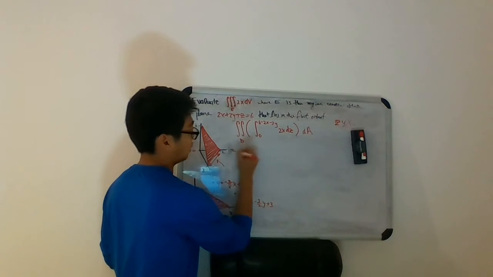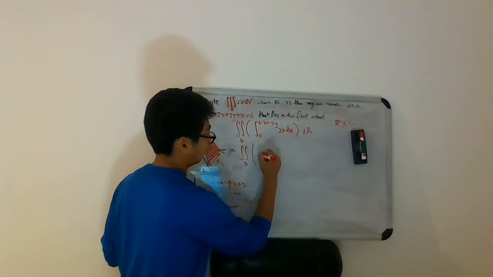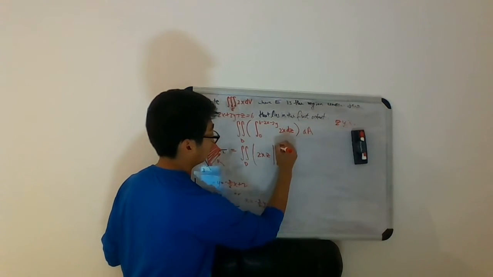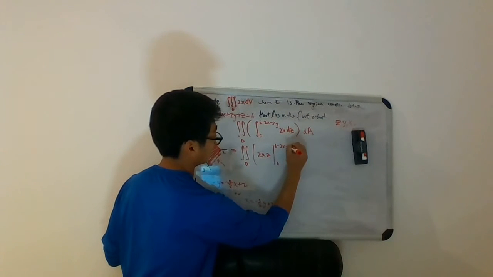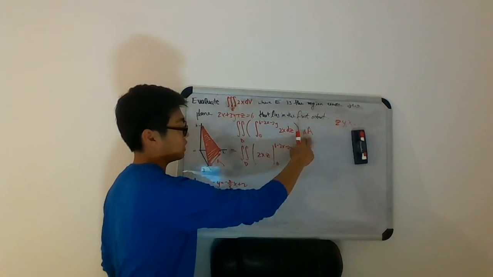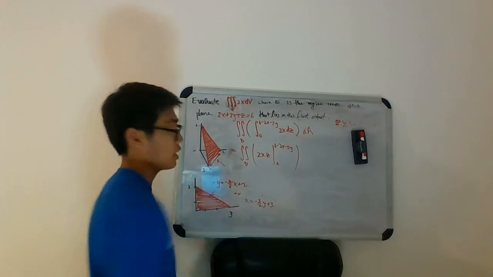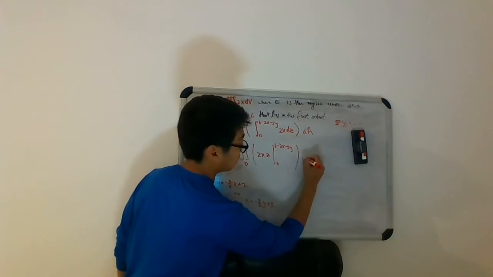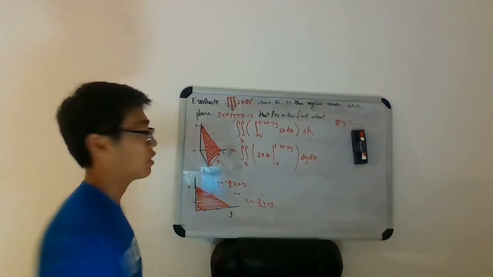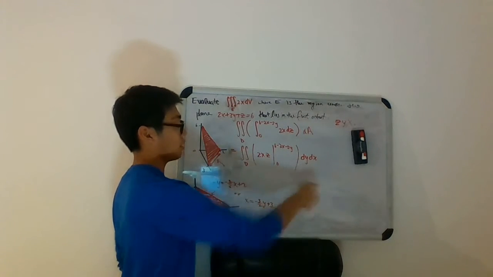So this can be rewritten as 2xz from 0 to 6 minus 2x minus 3y, dA. But now dA can be rewritten as dy and then dx, as I've decided up here that I'm going to integrate first with z, which I already did, and then with respect to y, then x.